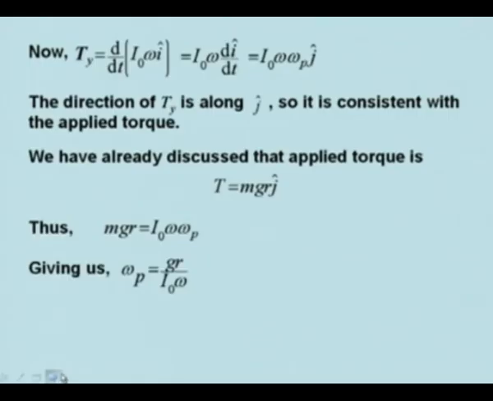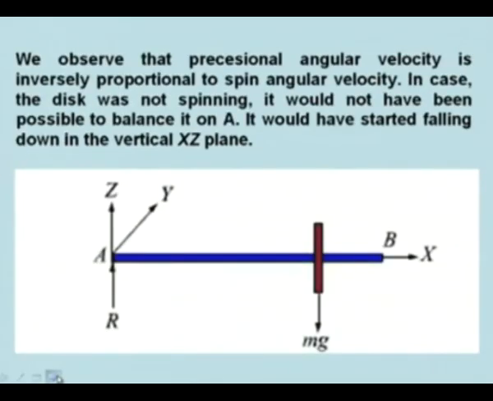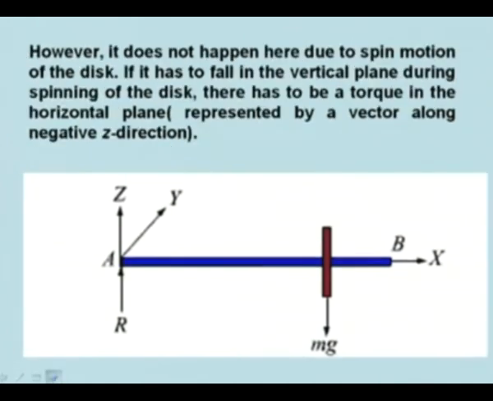Actually what happens in that case is that it will basically fall, it would have started falling down in the vertical xz plane. That is the phenomenon that will happen. However, it does not happen here due to the spin motion of the disk.